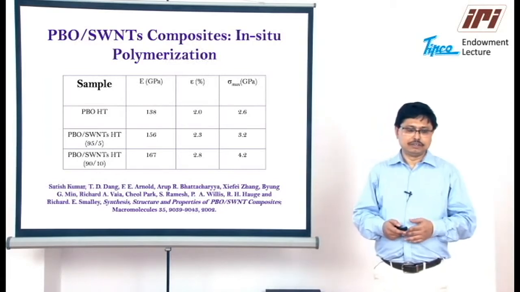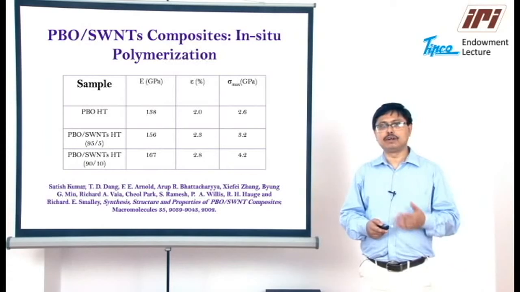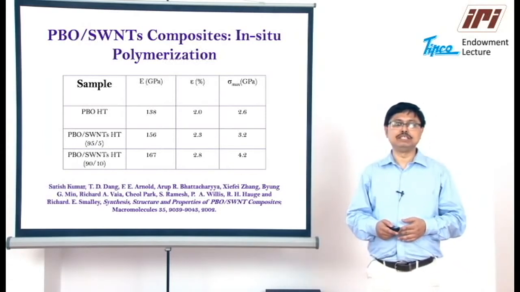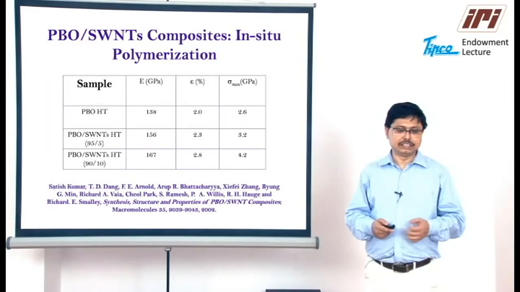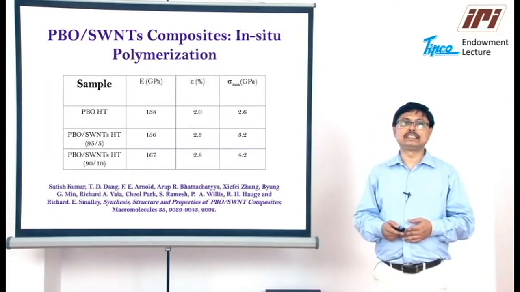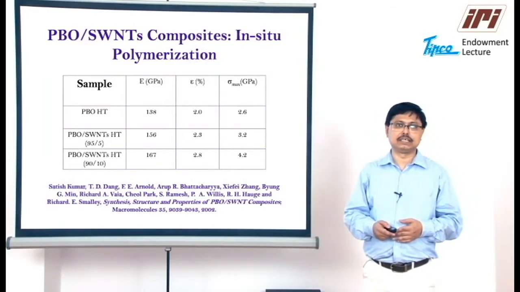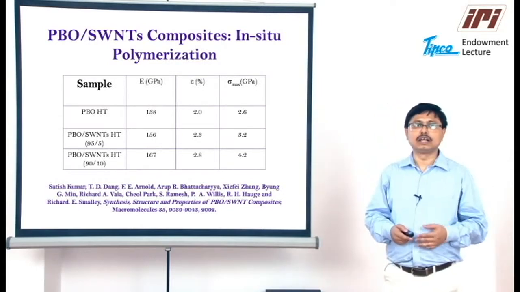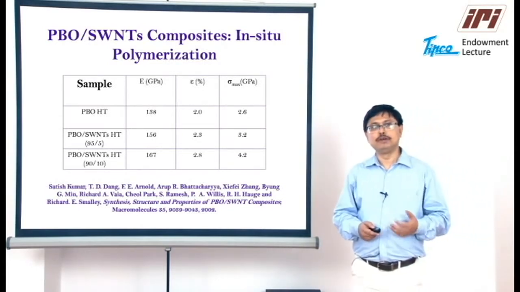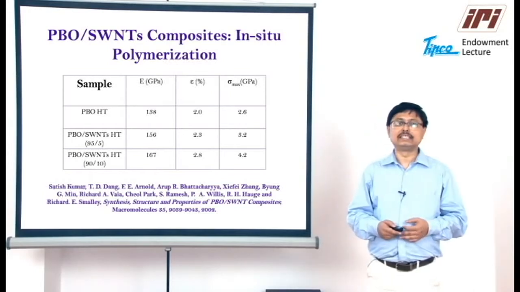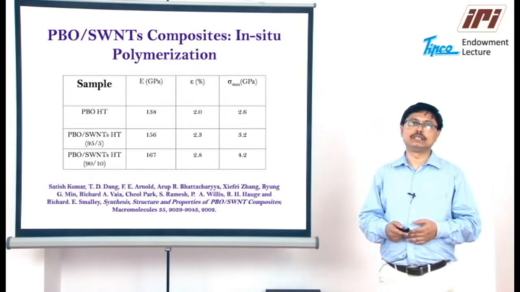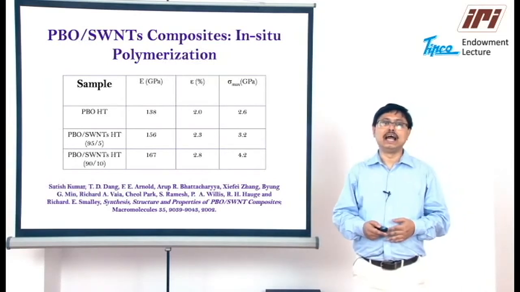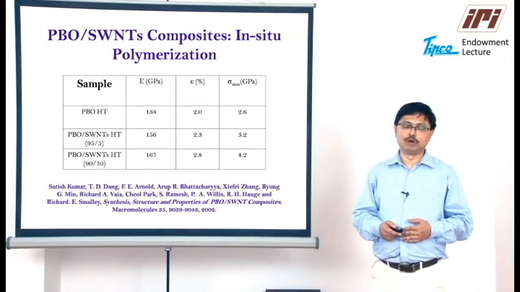The liquid crystalline fiber of PBO, polyparaphenylene benzobisoxazole, which is a heat treated fiber, shows a tensile strength of 2.6 gigapascal, and the 10% single wall carbon nanotube incorporated PBO fiber showed a tensile strength of 4.2 gigapascal, which is almost 60% improvement in tensile strength along with an increase in tensile modulus.